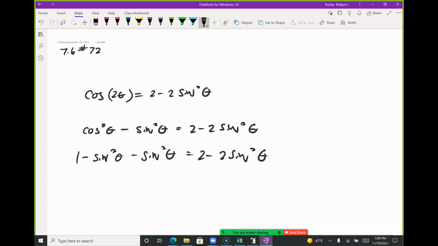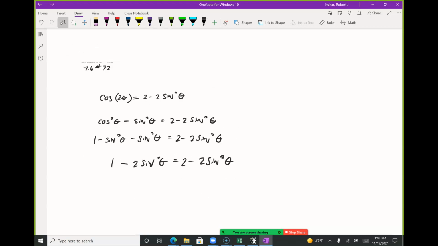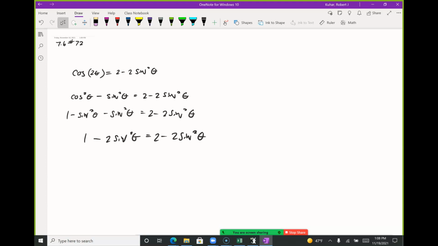I'm seeing an issue right away. Something bad is happening here. Do you see it? I don't know if I made a mistake somewhere or if I wrote the problem down wrong. No, I didn't write the problem down wrong, but I feel like there's a mistake.